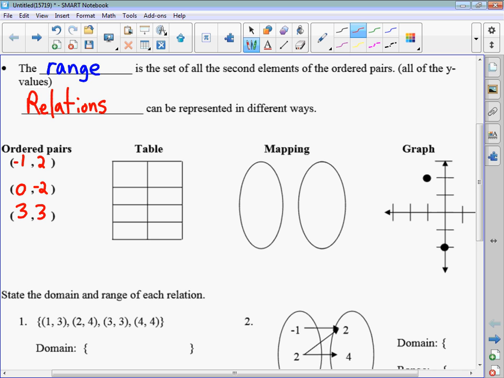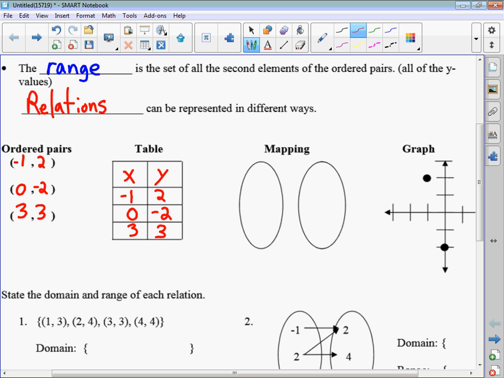We can also represent a set of data like this in an XY table, or an input-output table, or a domain range table. Looking here, I have -1 goes with 2, 0 created -2, and 3 gave me 3.